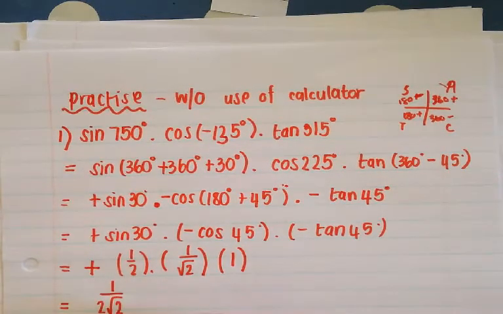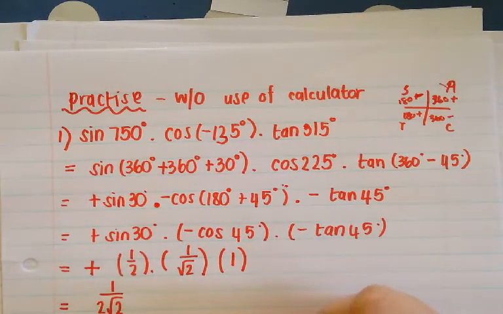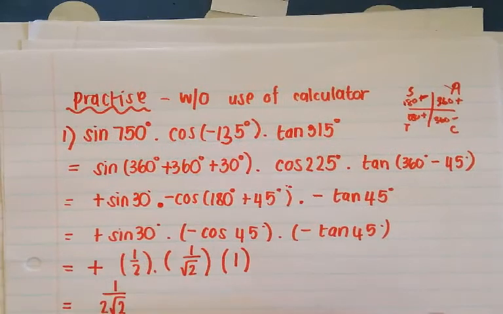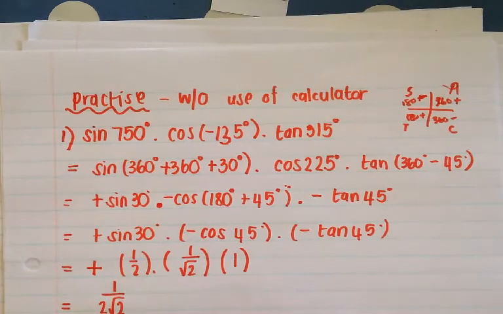So for instance, I could make it cos 360 degrees minus theta times sine 180 degrees plus theta times tan negative theta, over cos theta times sine 180 degrees minus theta.